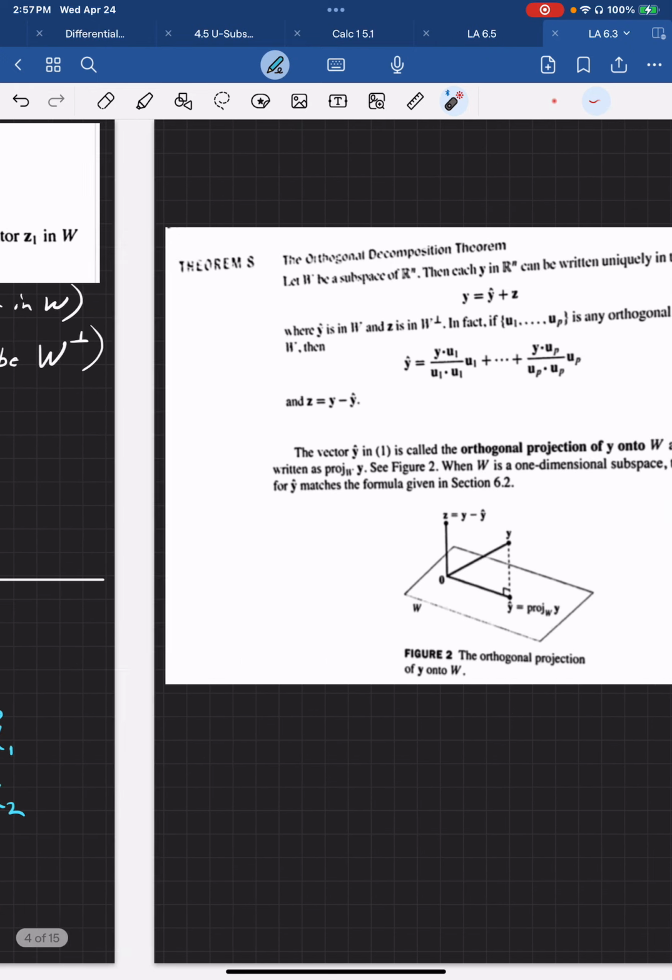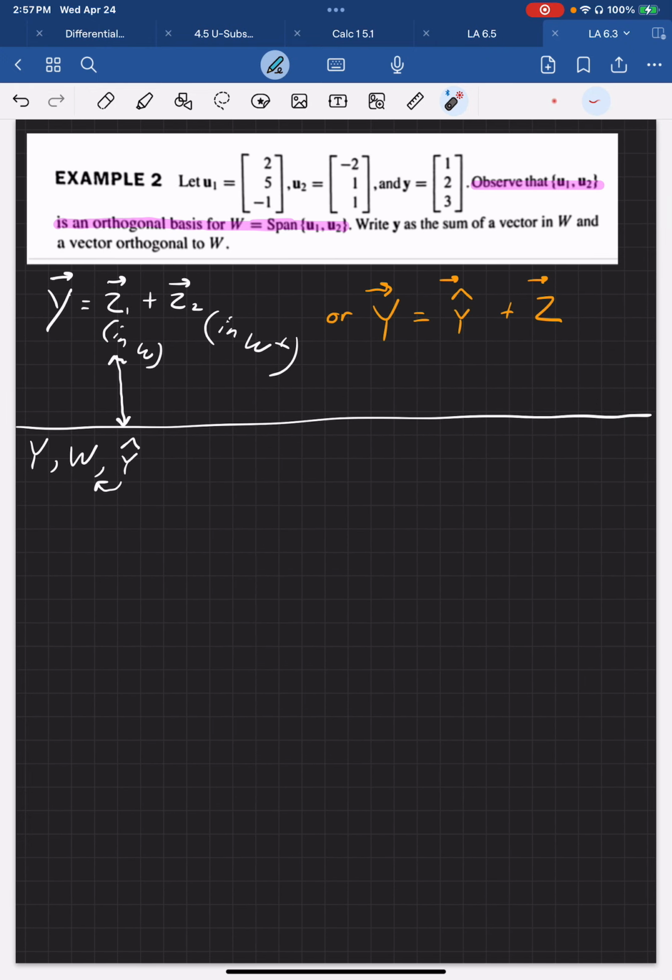All right, well, that means, one more time, we can write y as y hat plus y minus y hat.